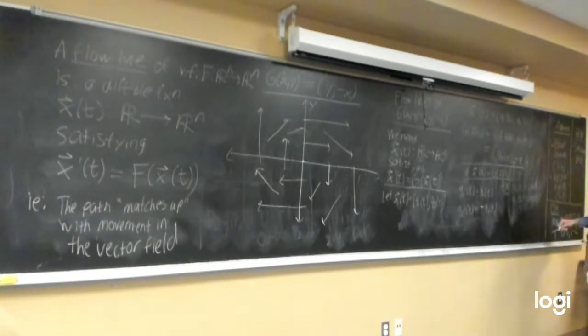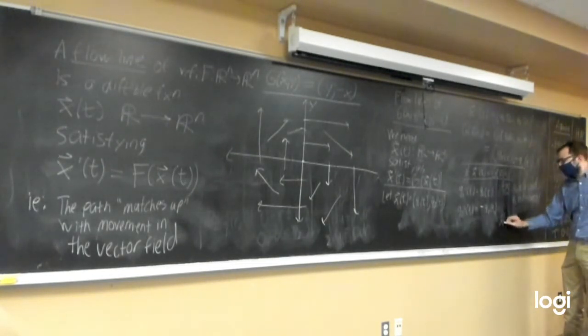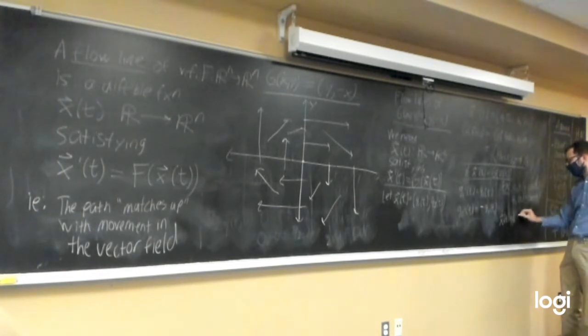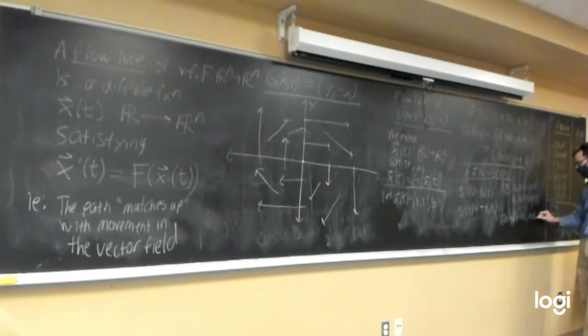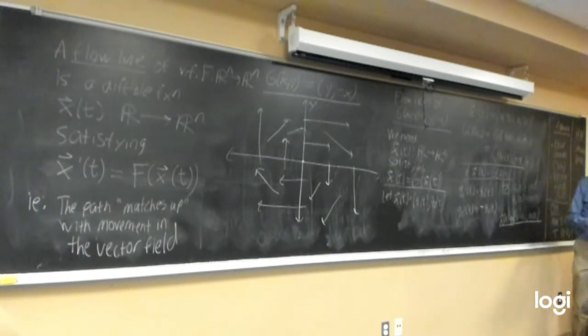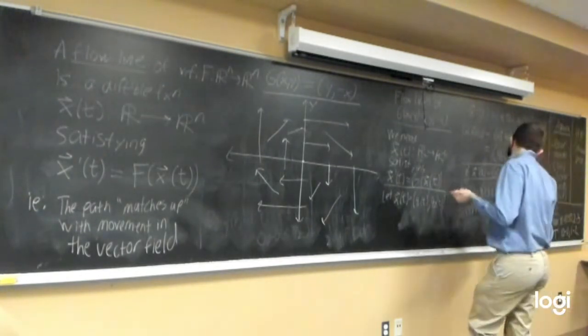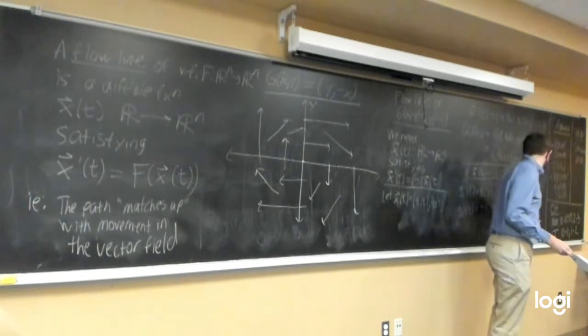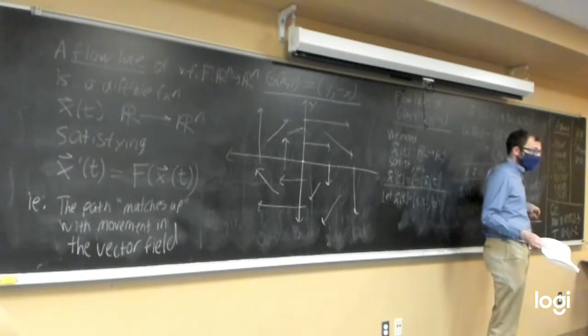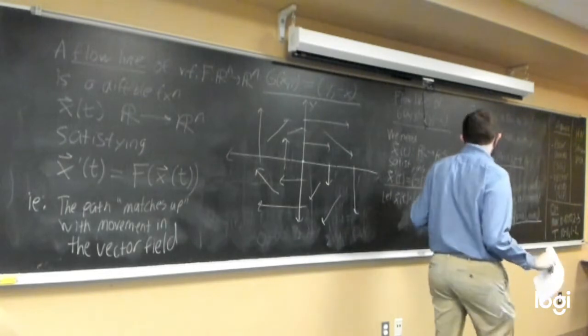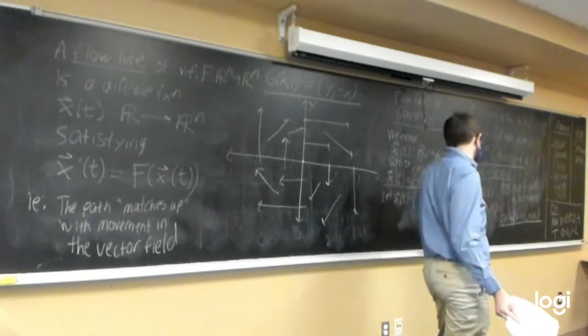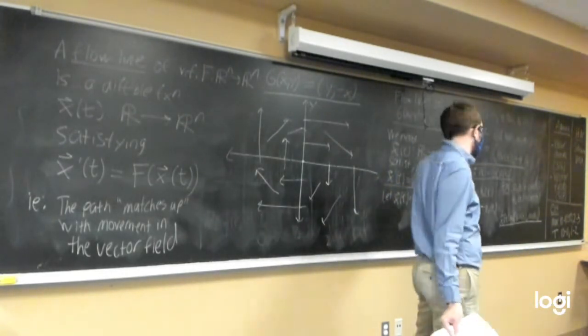And so the function x of t equals sine of t, comma, cosine of t, would be an example of a flow line of this vector field. Because this function right here is going to satisfy that if we were to differentiate each component of this function, we would get the same thing as if we plugged this function, x of t, into our vector field.